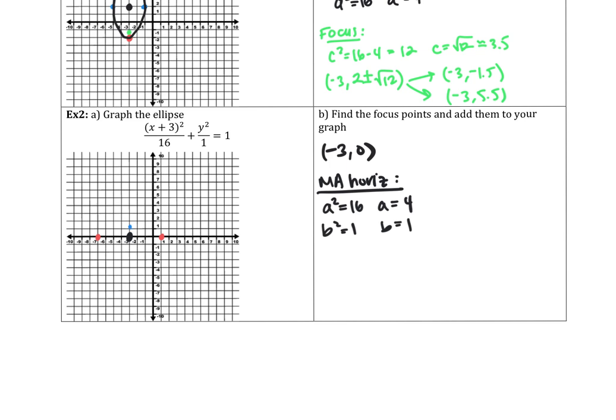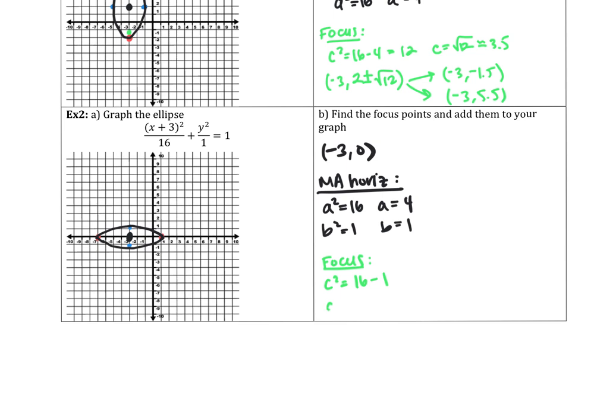It's getting kind of tight here and messy. And there I have the basic outline of my ellipse. Okay, I just want to add in the focus points. So the focus points, remember, c squared equals a squared, which is 16, minus b squared, which is 1.